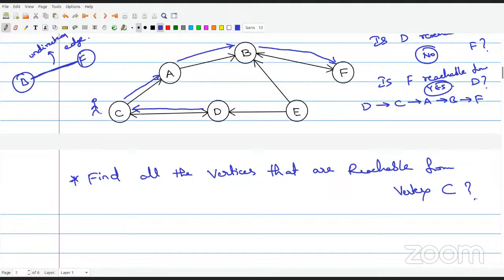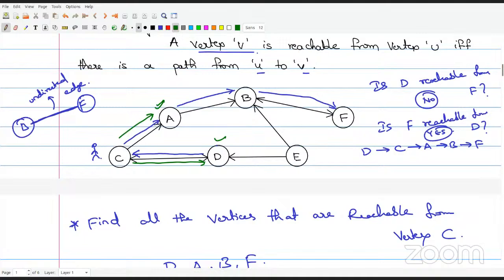So what are the vertices that I can reach from C? D, A, B, and F. All except E, correct. So now I am at C. From C, using this edge, I can reach D. Using this edge, I can reach A. Once I reach A, from A to B I can go.